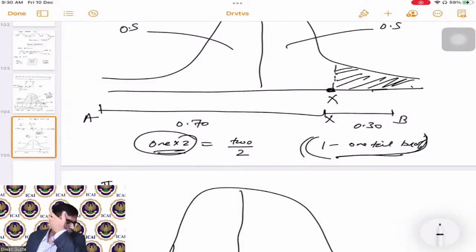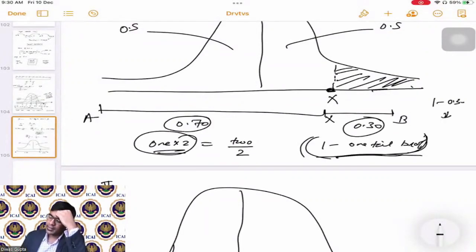Okay. So there is a concept of one tail, two tail, cumulative. Any combination we can get as data, and while we get the data, we need to see that if it is a one tail, we have to find cumulative probability by using this formula, which is 1 minus one tail. Because as I said, now we have to find out 0.7. We are given 0.3. So we will do 1 minus 0.3. That will give us 0.7.